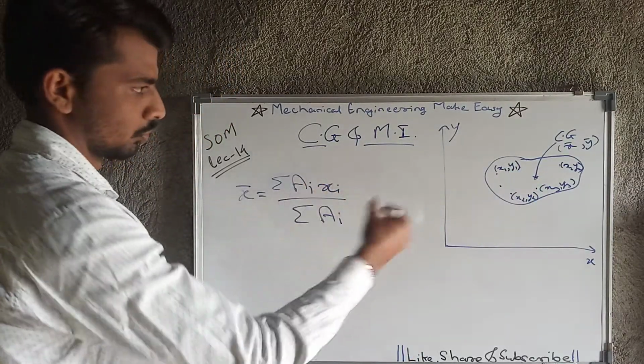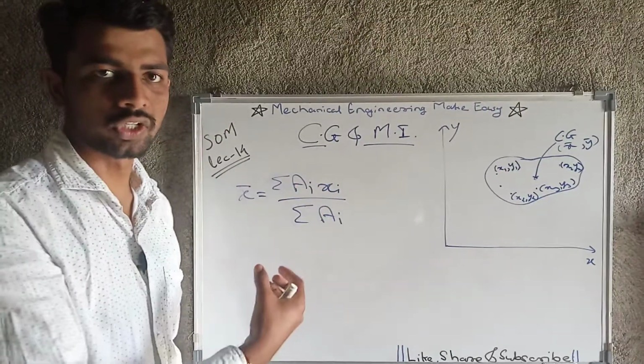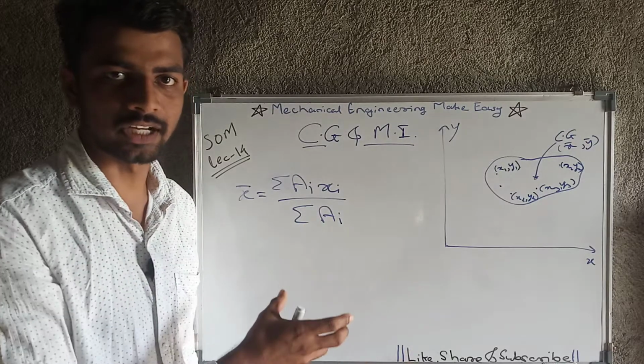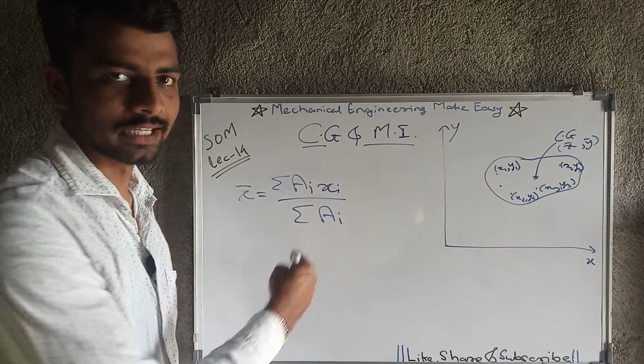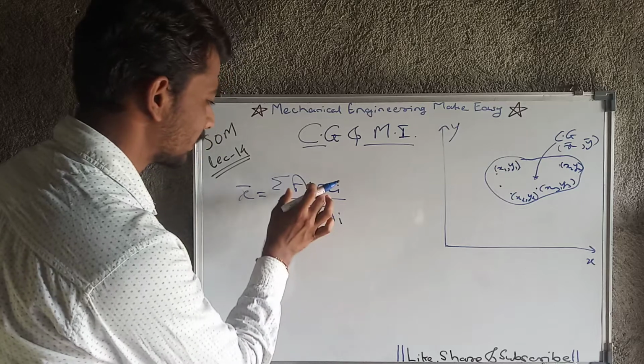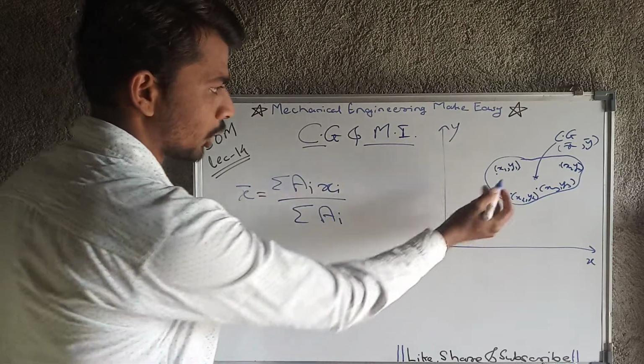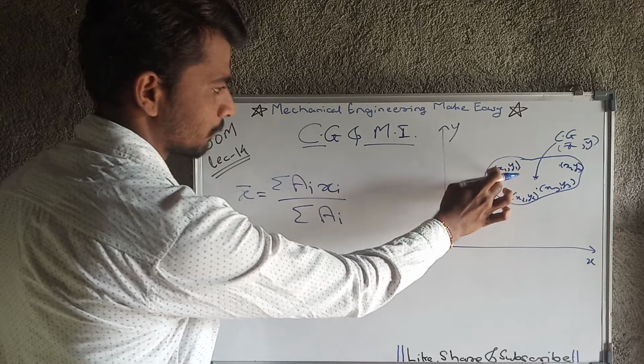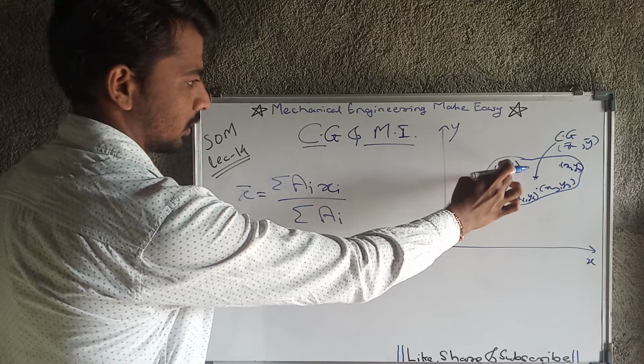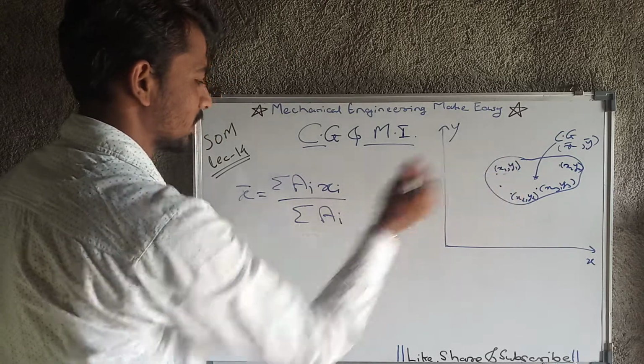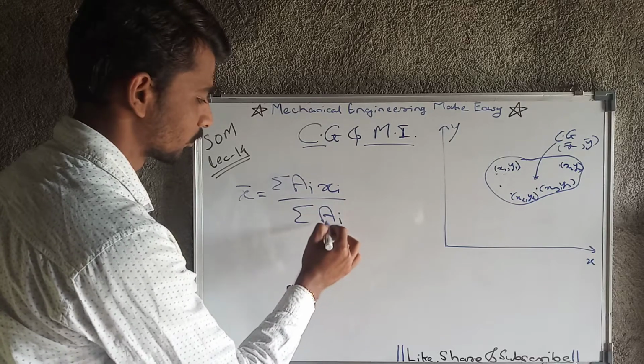Or we can consider not a molecule directly but some shape like a rectangular or circular shape. Those are also possibilities. So it is the area of that element into the x component of that element. For example, for point 1, it is a1 x1 upon a1.